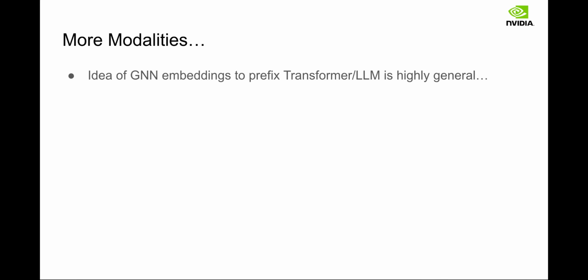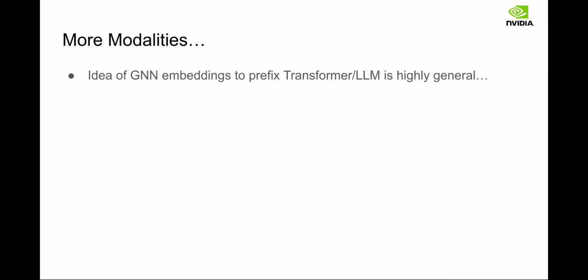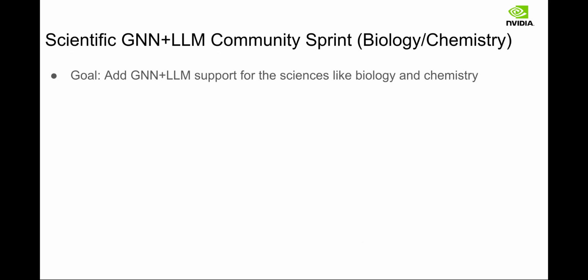The idea of using GNN embeddings as a prefix to transformer sequence models is highly general and can be extended to many modalities. The goal of the latest PyG community sprint was to expand GNN plus LLM features to support the sciences like biology and chemistry. There were 4 projects going on to integrate techniques from 3 biology papers and 1 chemistry paper using GNNs and LLMs.